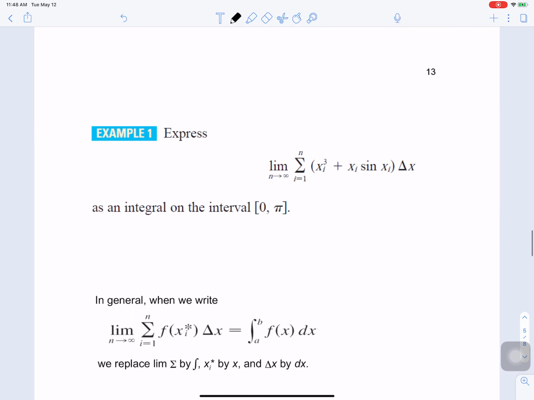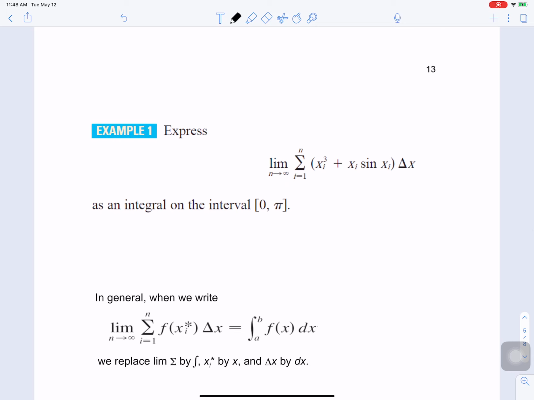One of the things I do expect you to know how to do is take an ugly sum limit expression and turn it into an integral. We know they give you a closed interval. We know that that's our a and b, so I'm going to write a to b, which is 0 to pi. Now from here, you look at what's happening and you remove all the i's and it will tell you what the function is.